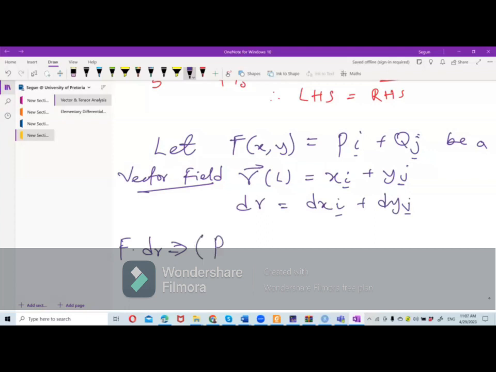My f is p i plus q j, dot dx i plus dy j. Remember, when you dot the two, our f dot dr will be equal to p dx plus q dy.